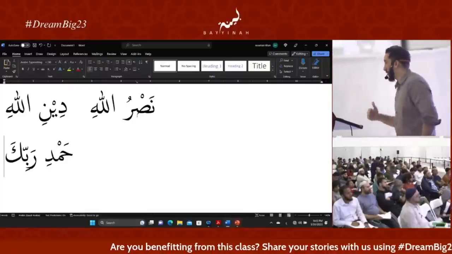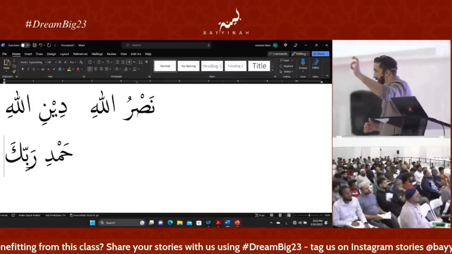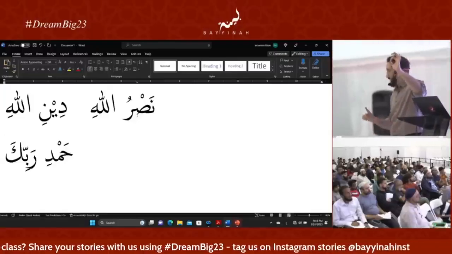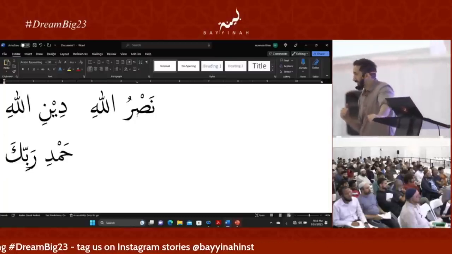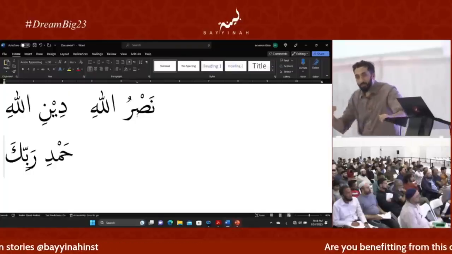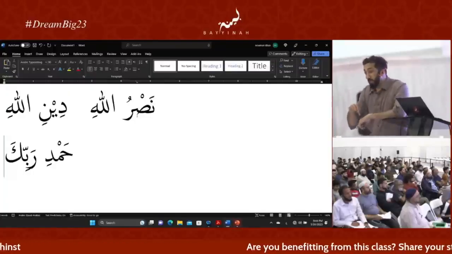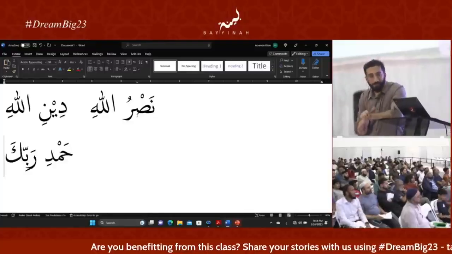Now this is the tricky one. Hamdi. Does it look like a mudaf? Why? Light no al. Rabbi. Does it look like a mudaf ilayh? Why? Because it is jar. But does Rabbi also look like a mudaf? Why?